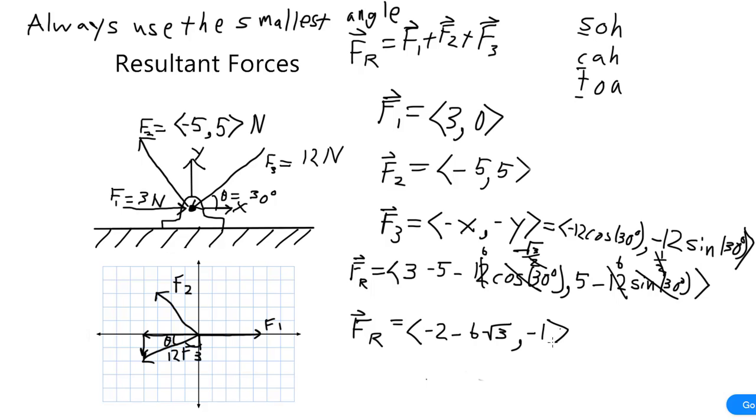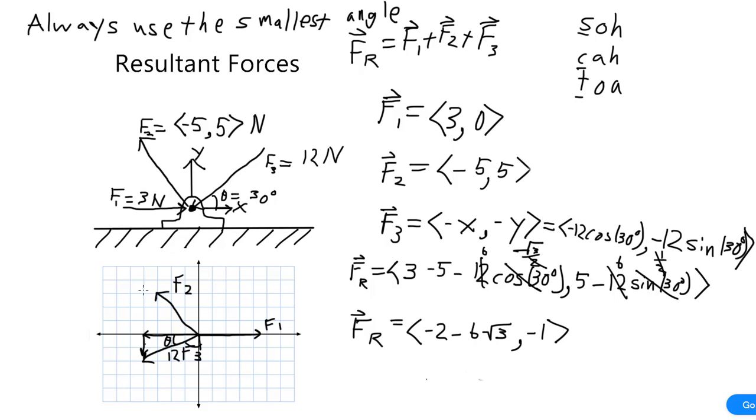This kind of makes sense just because 12 is a lot bigger than 5 and 3. So F3 is going to dominate F1 and F2 in the end. We're going to get it more in the third quadrant, just because that's the quadrant that F3 is in.